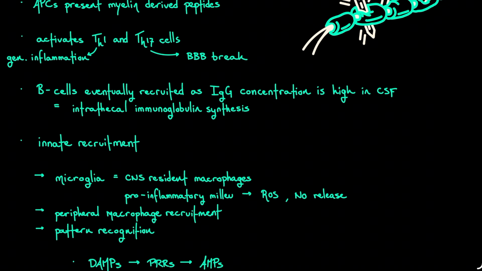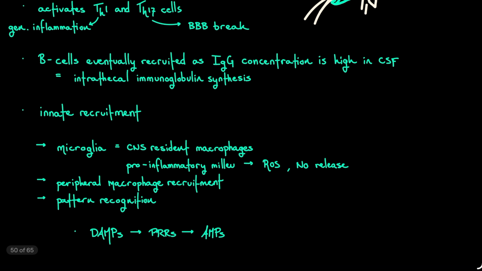Okay. Let's see here. Innate recruitment, we have the microglia. These are like the janitors of the central nervous system itself. We haven't talked too much about them. The central nervous system, because it is immune privileged, has its own kind of immune microenvironment. And these are quicker to inflame, a more pro-inflammatory milieu, if you will.